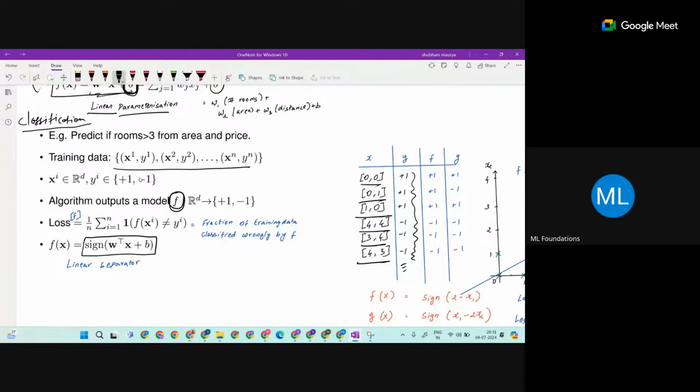This is called training data. You have to see that these are training data. We are trying to train our model, to see how well our model fits this training data. So using this training data, we'll try to build a model.